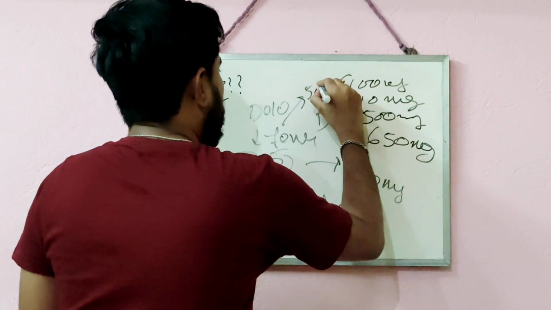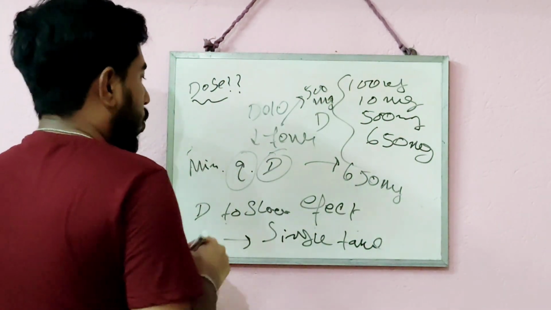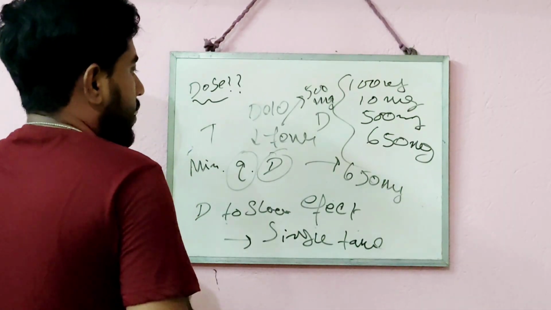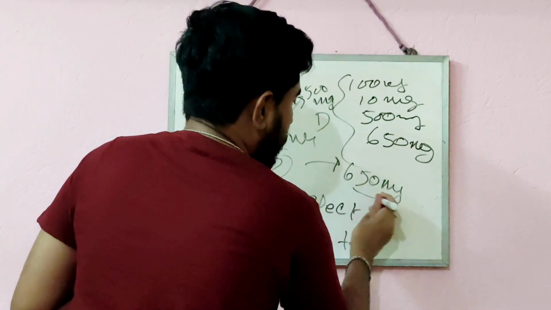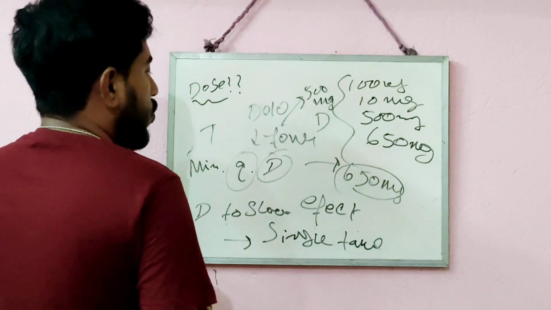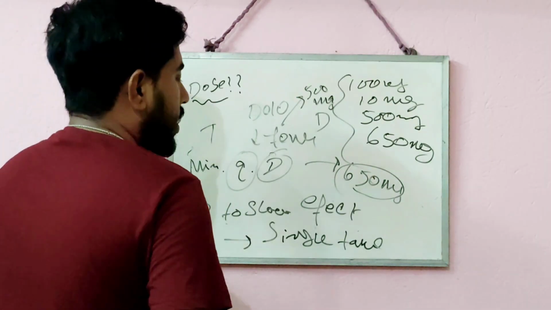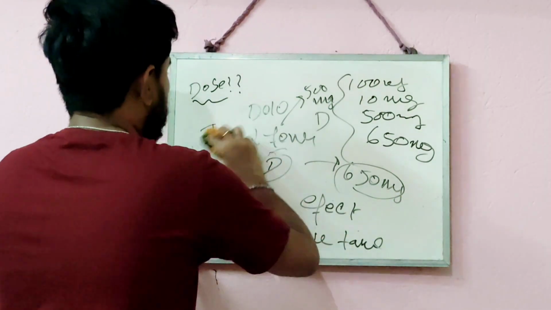If we want to decrease our body temperature or treat fever, then we have to take a minimum of 650 mg or 500 mg to overcome fever, so that the body temperature decreases and comes to the normal value. So that is dose.